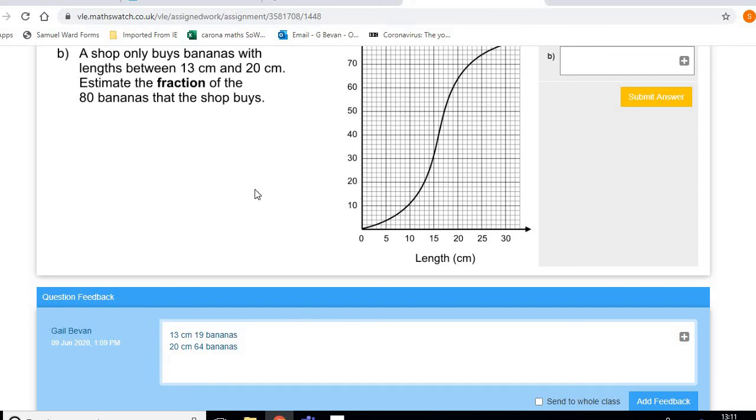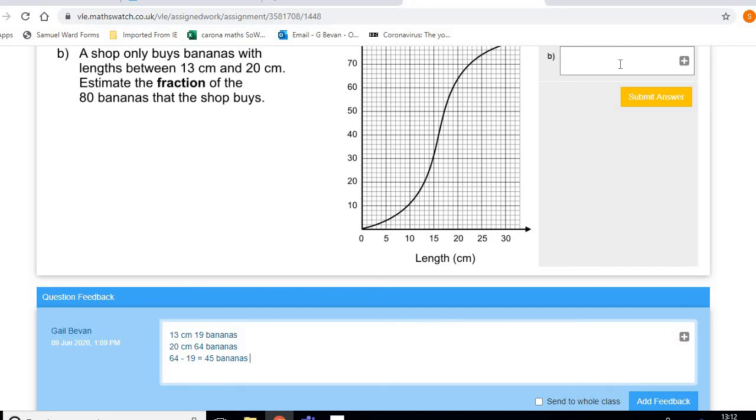So the number of bananas between 64 and 19 equals 45 bananas. It asks for this as a fraction, so it would be 45 out of 80.